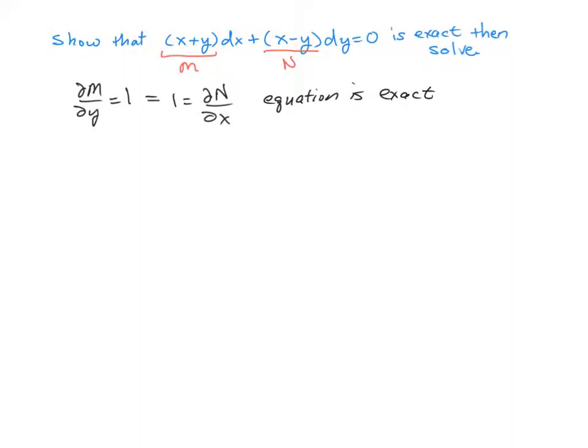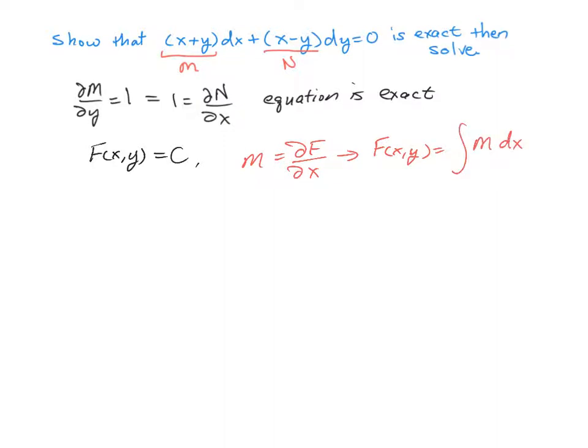Okay, so the next step is to now find the capital F of x comma y that is equal to c. And remember that the M is already some partial derivative of F with respect to x. So to find the F of x, y, we need to integrate M with respect to x.